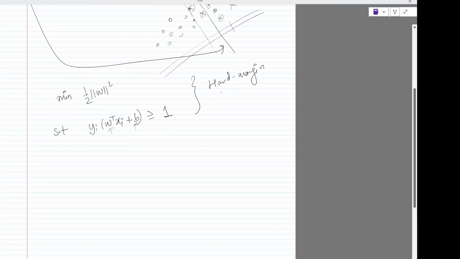So in the soft margin, what additional is done is, maybe I just copy this thing.